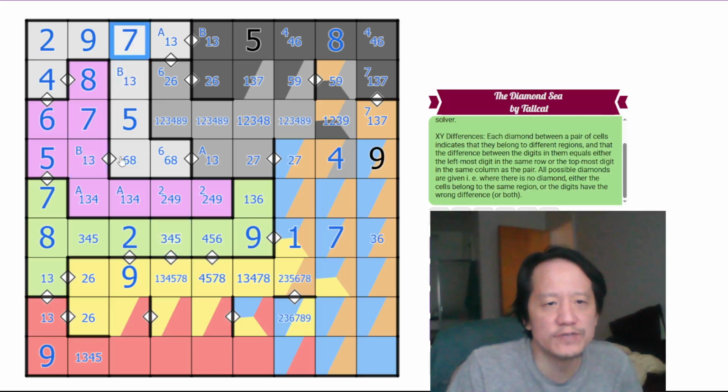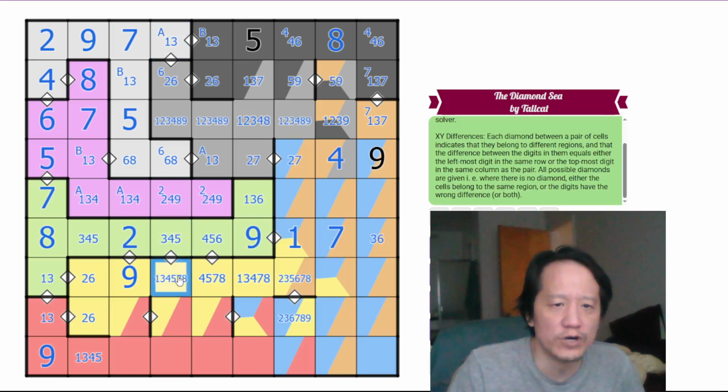These two have a difference of 5. This has a difference of 1, 3. Okay. If this is 3, it has to have a difference of 1. Right? Because this 3 would force us to be 1 and 2.